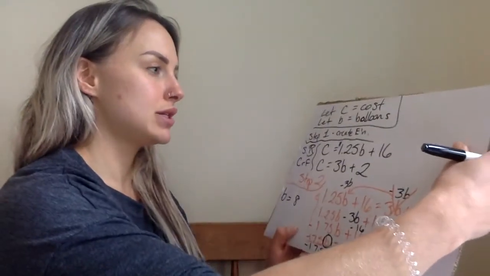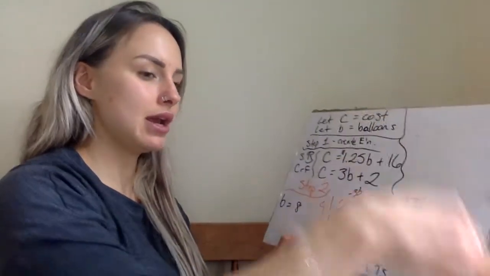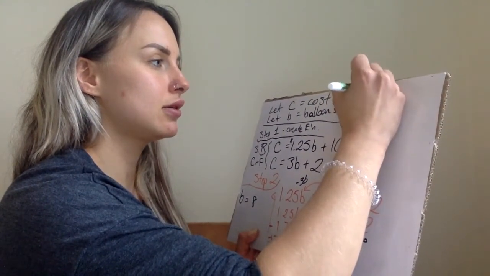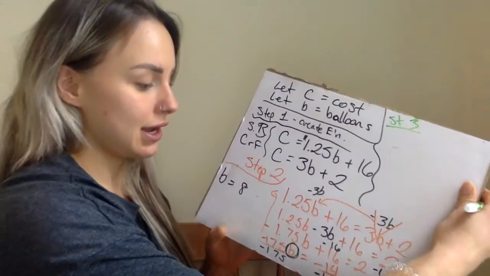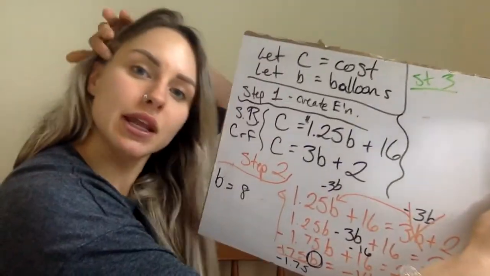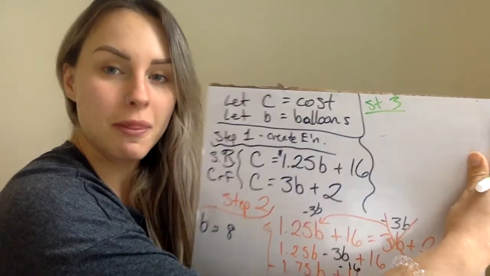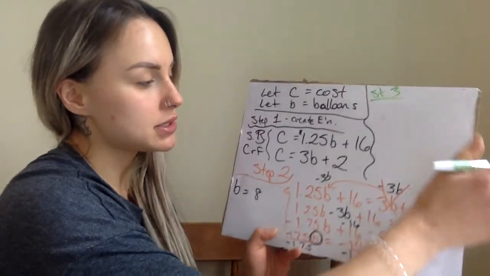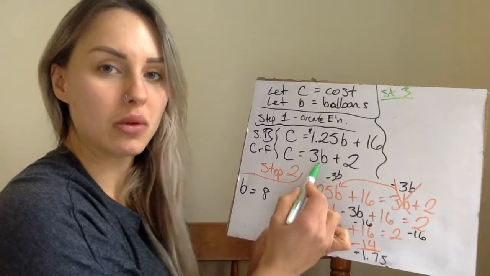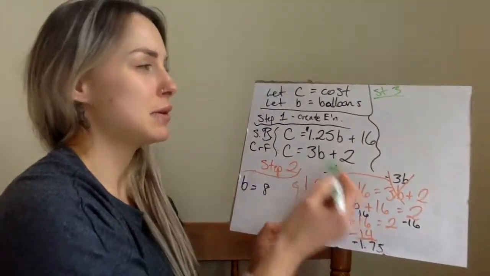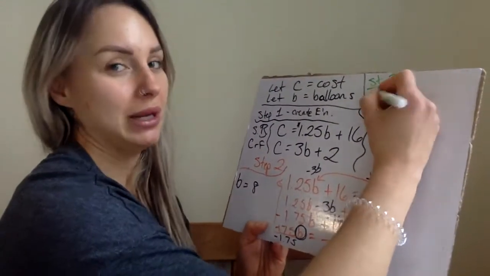So what this means is we now have to go in, so step 3, and plug our 8 into one of the equations. So again, doesn't matter which one, but I would probably suggest plugging it into the one that has the whole number. There's a decimal in this one. There's no decimal in this one. So I'd probably plug it into that one, me anyways.